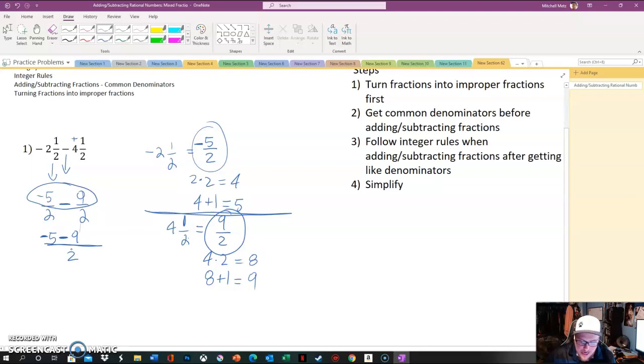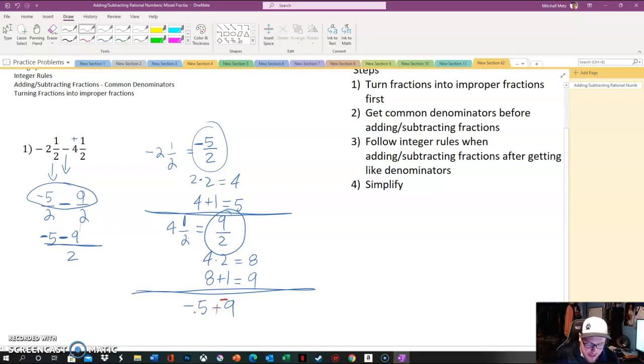Negative 5 minus 9. So now if we go back to our integers, I'm going to do it on the side. When I do my integers, negative 5 minus 9, I'm going to put a line here so you don't get confused. When you're subtracting any integers, you need to follow the keep change rule, or adding the opposite. So I'm going to keep the sign the same for negative 5. I'm going to change the operation to addition. And because this is technically already a positive 9, I'm going to change it to negative.